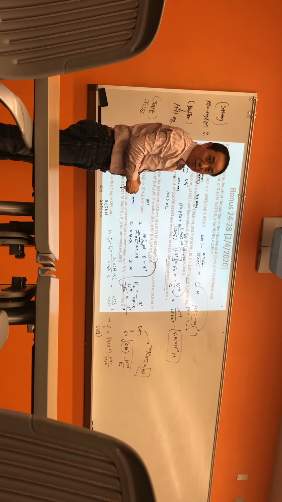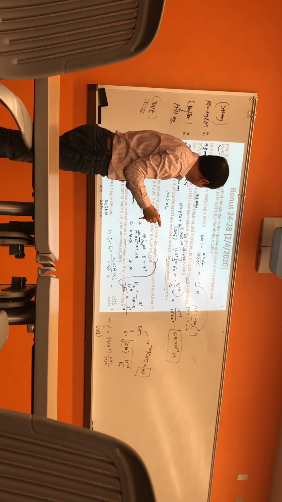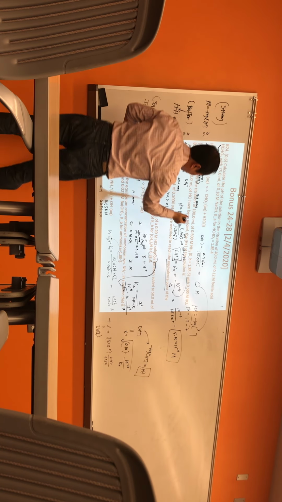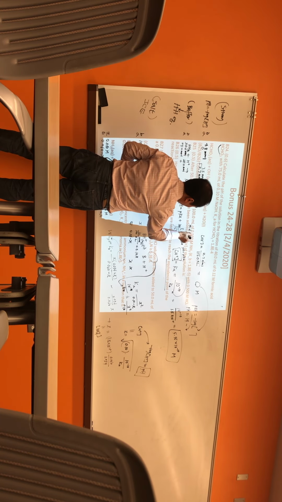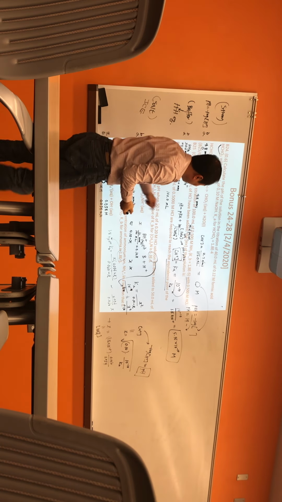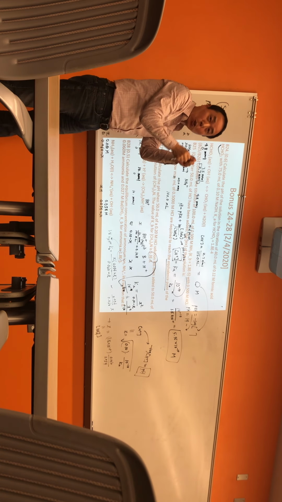Is that because you're at the equivalence point? Not the equivalence point, it's the midpoint, because 0.1 over 0.1 is 1 and log of 1 is 0. At the midpoint, the conjugate pair will have equal concentration.